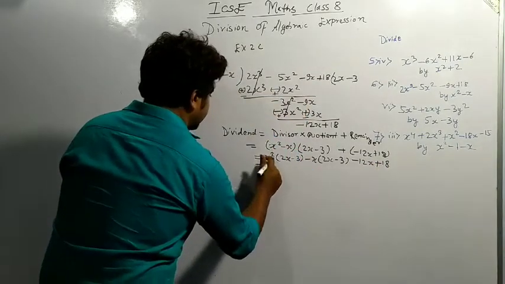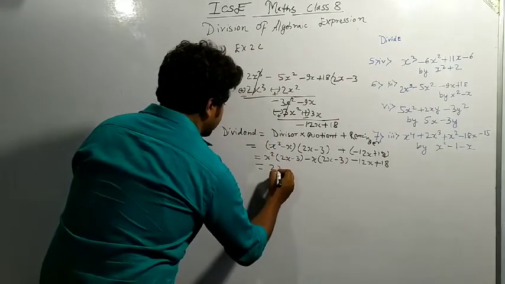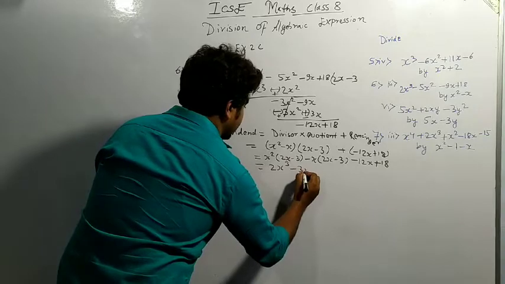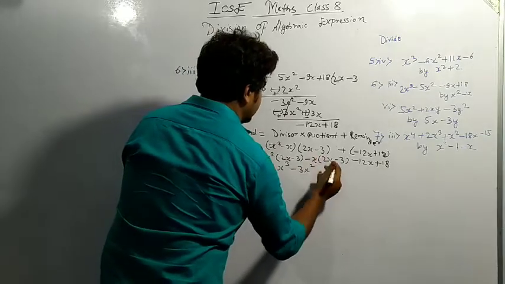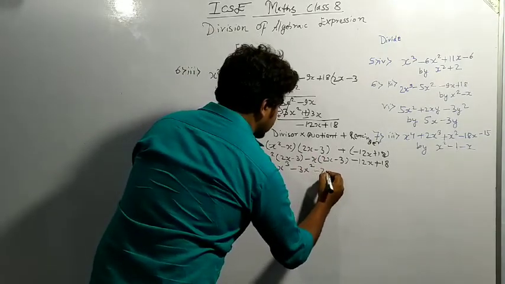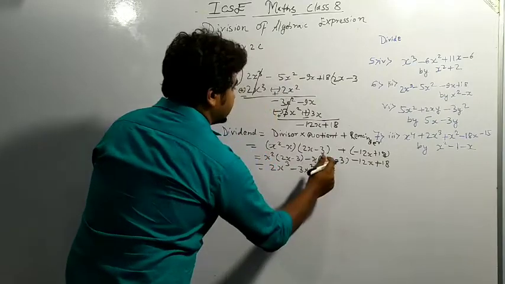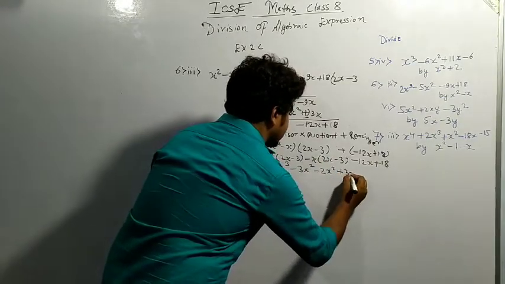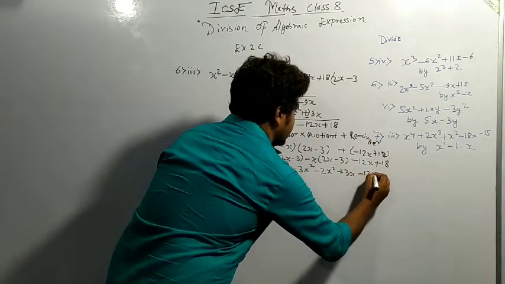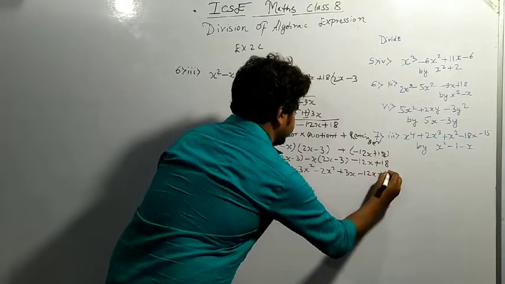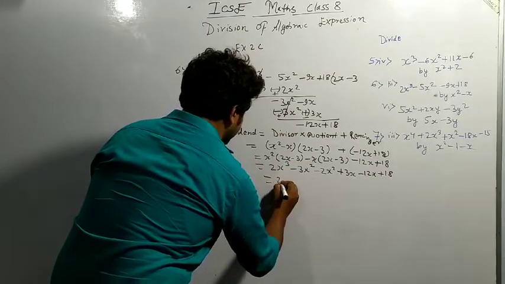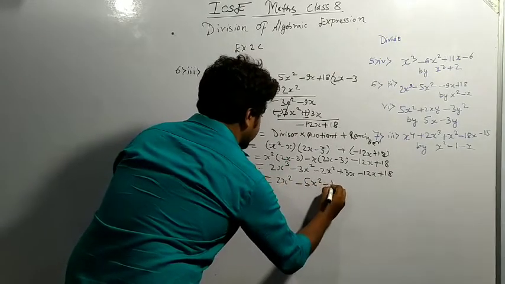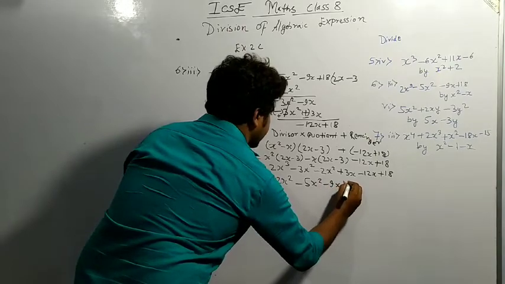So we are getting x square into 2x is 2x cube, x square into minus 3 is minus 3x square, and minus x into 2x is minus 2x square, minus x into minus 3 is plus 3x, minus 12x plus 18. So we are getting 2x cube minus 5x square minus 9x plus 18.